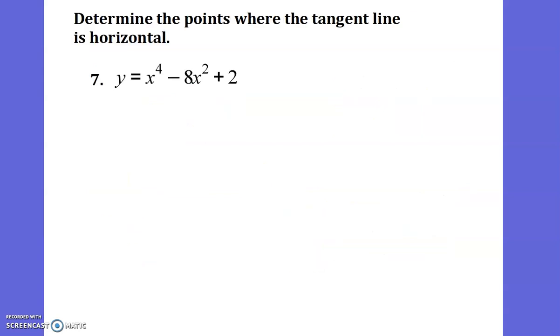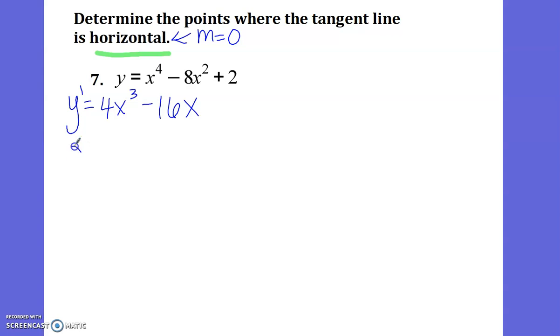Okay, now we're going to move on and determine the points where the tangent line is horizontal. If the tangent line is horizontal, that means your slope equals 0. So how do we do this? I am going to start by taking the derivative. If I take the derivative of this, I get that equation. I am going to set the derivative equal to 0, because that's saying, okay, where is the slope equal to 0?